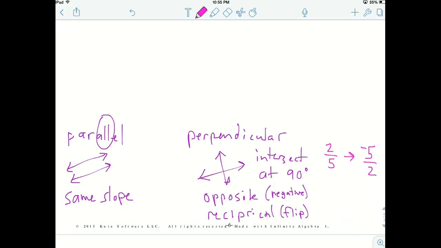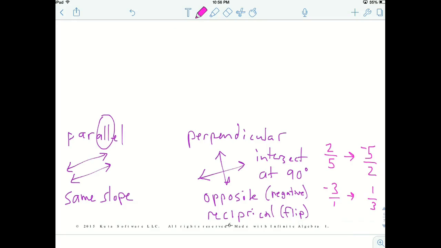So it was positive before, it is now negative. Another example is if you had a slope of -3, which could be written as a slope of -3/1. The flip of that would be 1/3, and then the opposite part would be going from negative to positive.